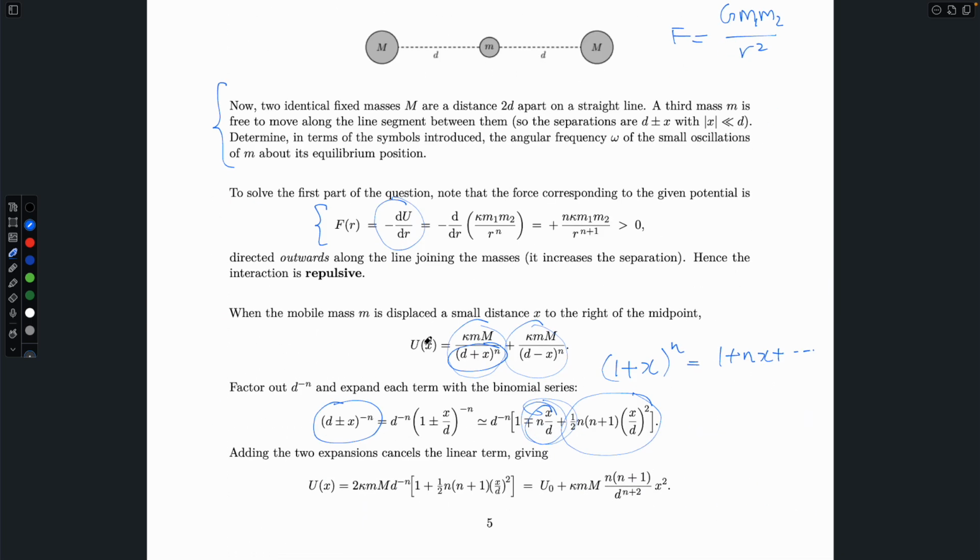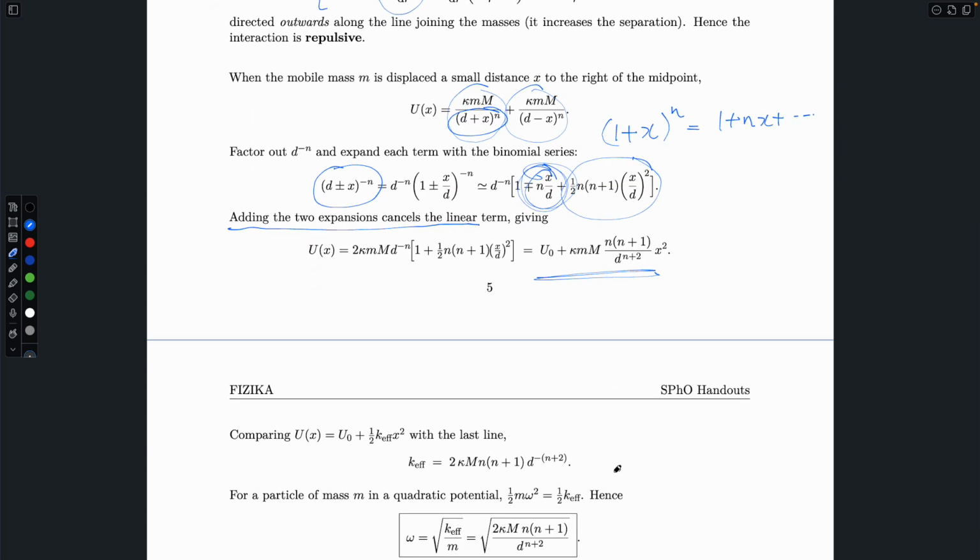The other way to do this question would be, instead of writing out the potential, you can write out the force, but it's kind of the same thing because you need to differentiate the potential to get the force. Regardless, we see that adding the two expansions will cancel this linear term, so we get a form that looks like this for the potential. And we notice some similarities: for a harmonic oscillator, the spring potential is half kx squared.